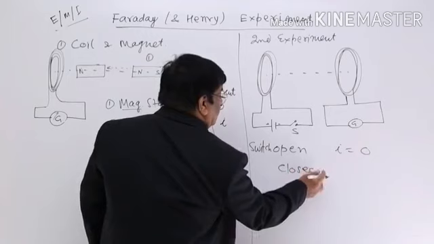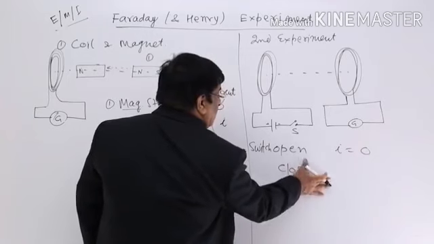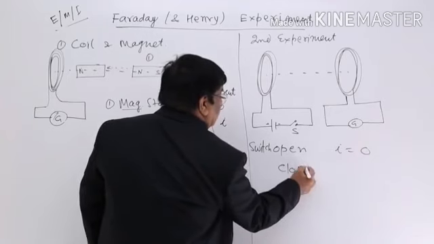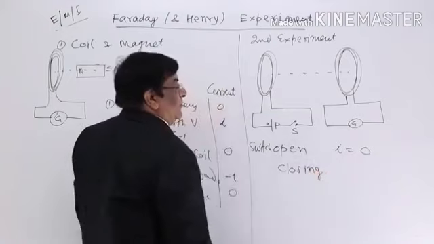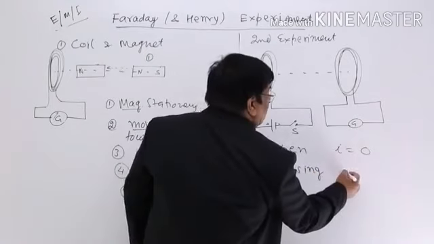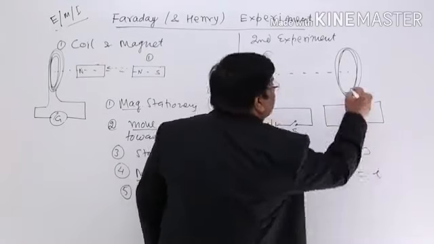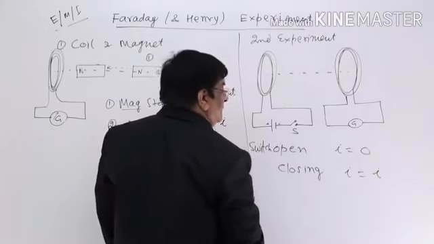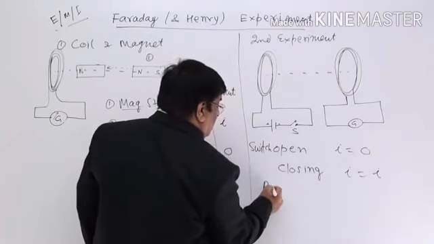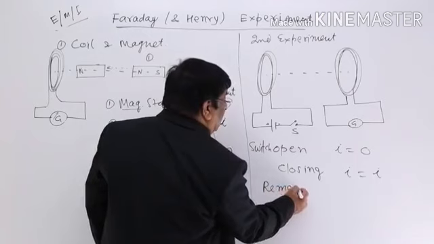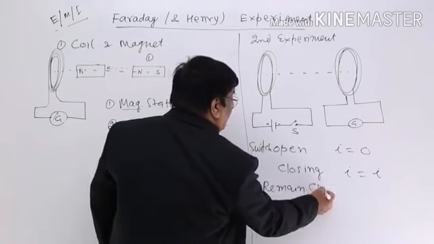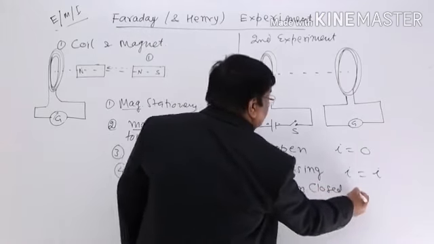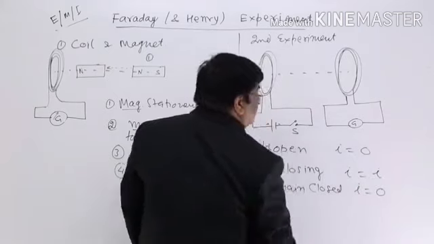We close the switch. Closing it, we find there is current in this. Then we keep it closed. It remains closed, and the current is 0.